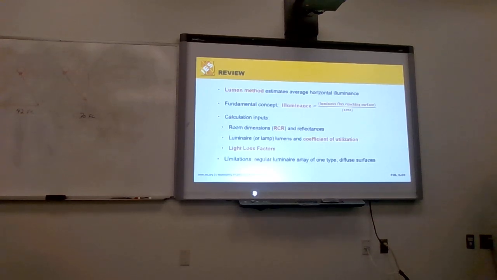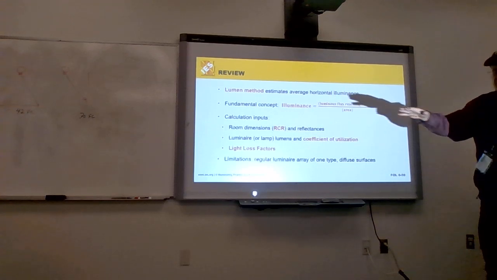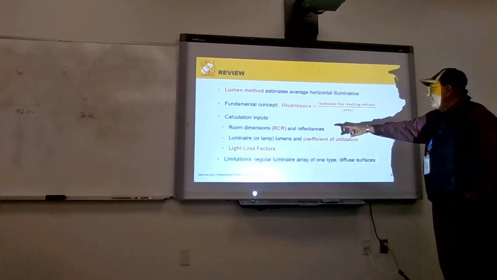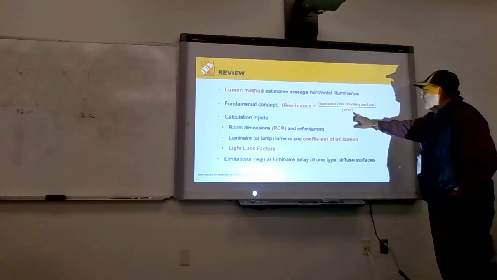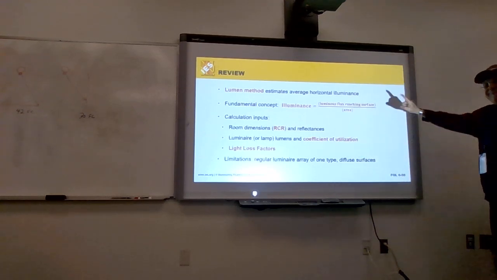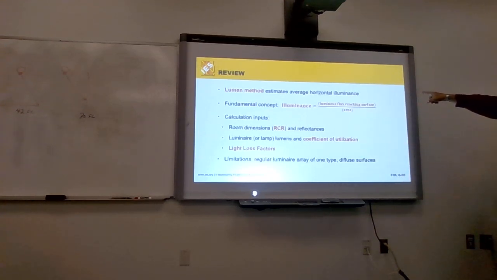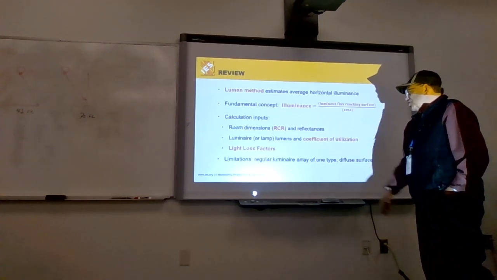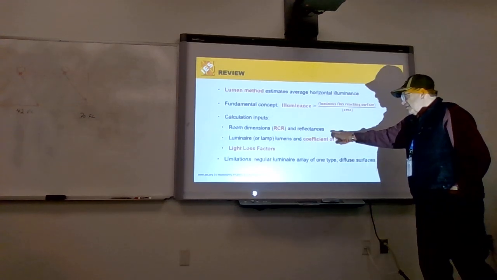The lumen method estimates the average horizontal illuminance. Horizontal, not dealing with vertical. So illuminance is luminous flux reaching the surface divided by the area. That's foot candles. Okay? Luminous flux divided by area, foot candles. So the calculation inputs we need are the room cavity ratio and reflectances.